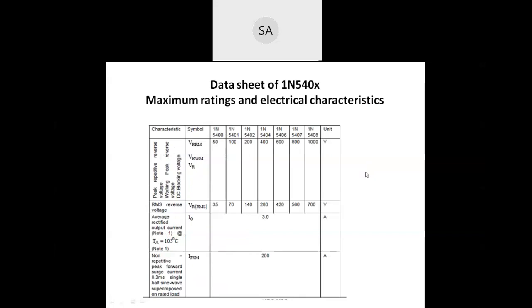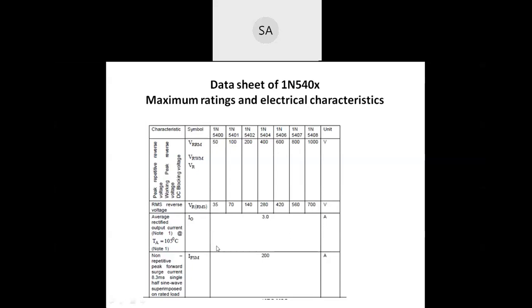So these also have the same repetitive reverse voltages, peak reverse voltages and blocking voltages for the IN400X and IN540X series. And the RMS reverse voltage VR(RMS) is also 35, 70, 140, 280, 420, 560 and 700, very similar to the IN400X series.